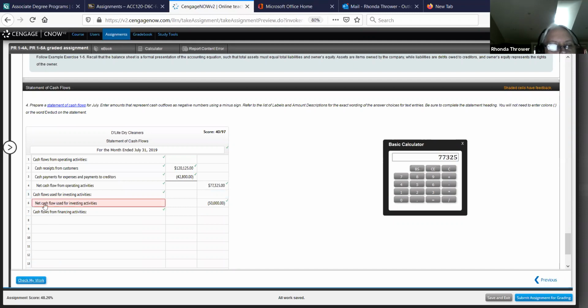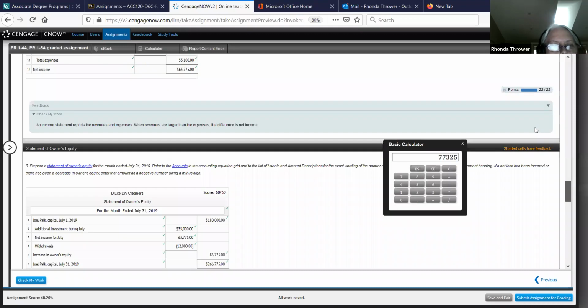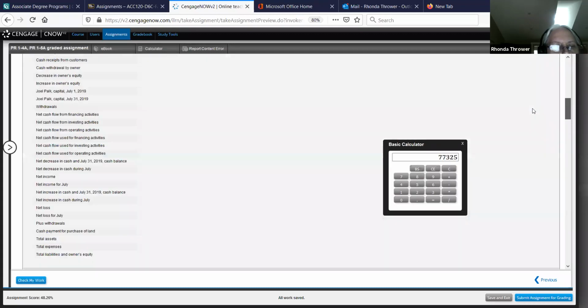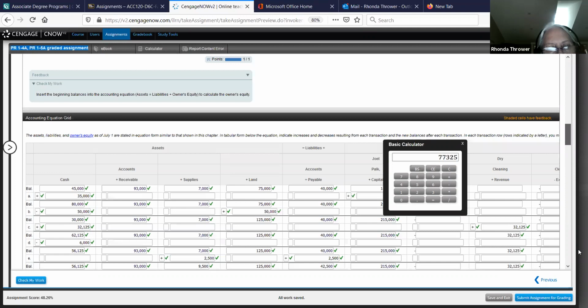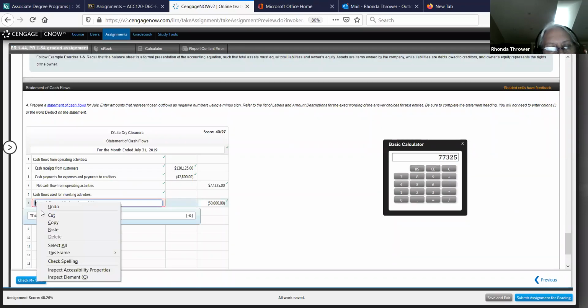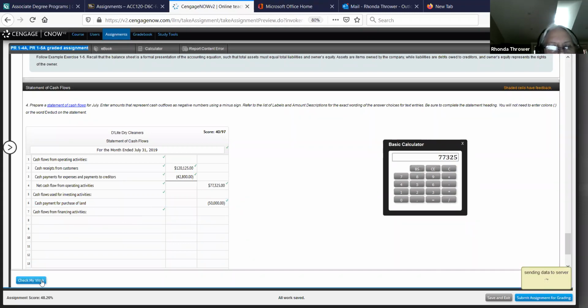Okay, evidently I had them backwards here. So this one would have been the cash that was paid for the purchase of the land. Put it right there. Well, finally it's happy.